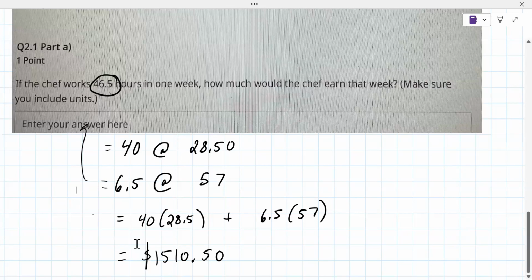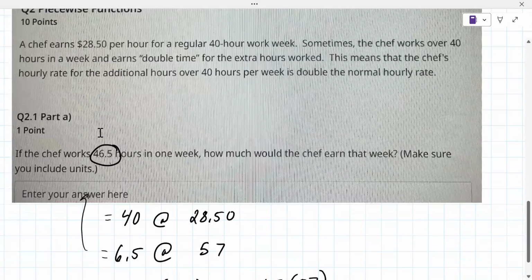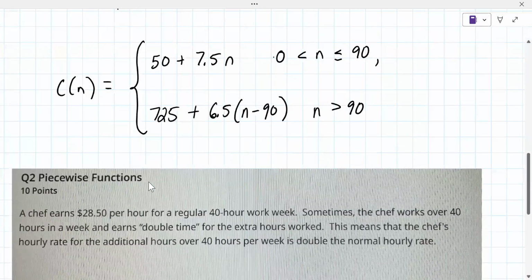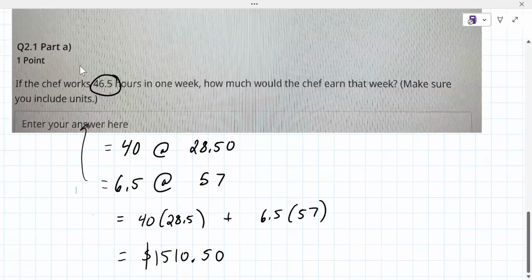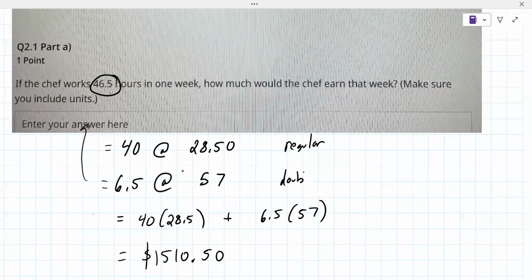I was just asking what to do in this problem to make the equation. Okay, so part B is where we actually write the function, and that's what we did here. And that's more involved. This is just asking, they're just picking a certain number of hours and they want you to piece together that part of it comes from the initial pay and part of it comes from the overtime. You know, think of this as regular and this is the double time pay.